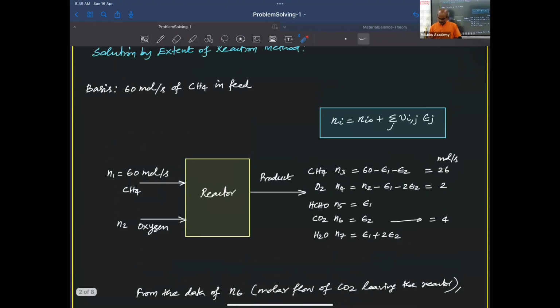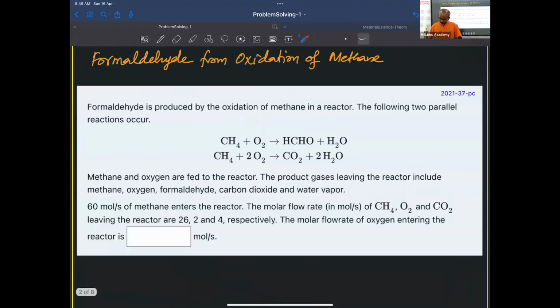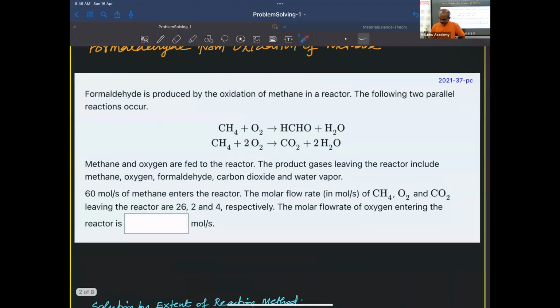So let us try to write this for methane. What is the stoichiometric coefficient? It is 1, but of course it has a sign of -1, because the stoichiometric coefficient is positive for the products and negative for the reactants. So here always this is -1 and this is actually -2. That we have to understand.